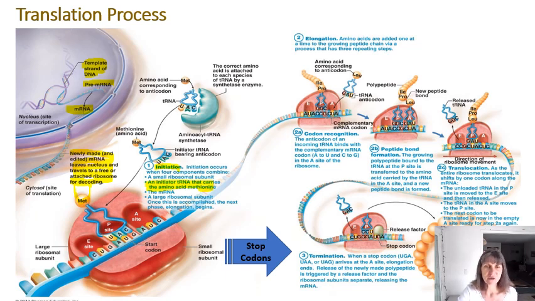Then the messenger RNA molecule will attach once the transfer RNA molecule has attached in its site. And the large ribosomal subunit, once all of this has happened, is going to take the mRNA molecule through the process of elongation.